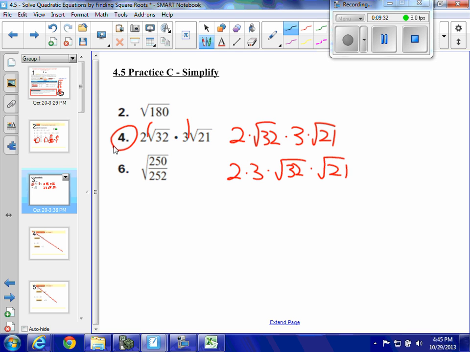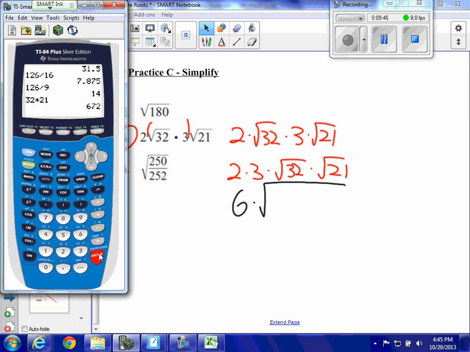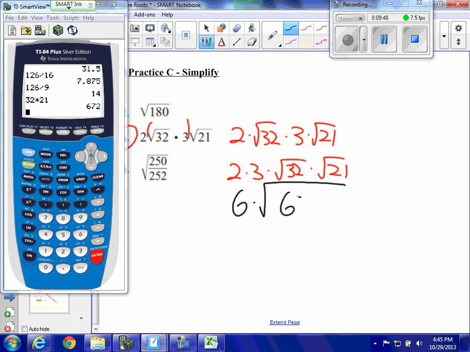Now I can simplify it a little bit more. 2 times 3 is 6. And that's times, well, what's 32 times 21? Let's go to my calculator. 32 times 21 is 672. Radical 672. Now, 672 is a big number.